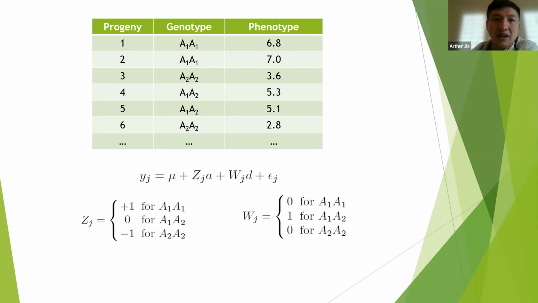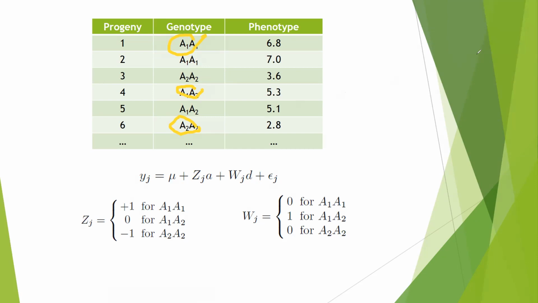For any locus in an F2 population, we have 3 possible genotypes, right?